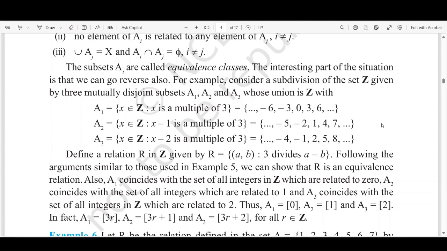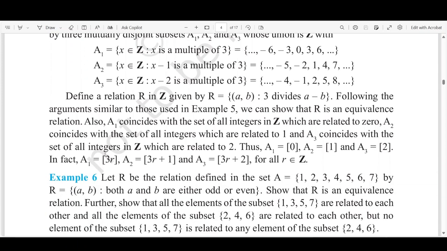It consists of the elements -5, -2, 1, 4, 7, etc. And A3 consists of the set of all x belonging to Z such that x minus 2 is a multiple of 3, which is equal to -4, -1, 2, 5, 8, etc. We can observe that the union of A1, A2, A3 is equal to the set of integers, and any two of these sets are disjoint.